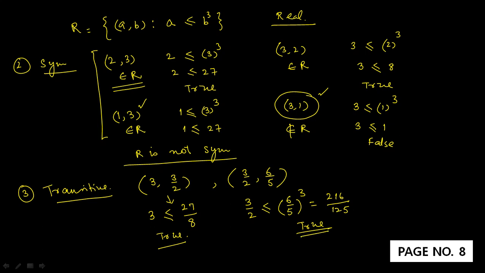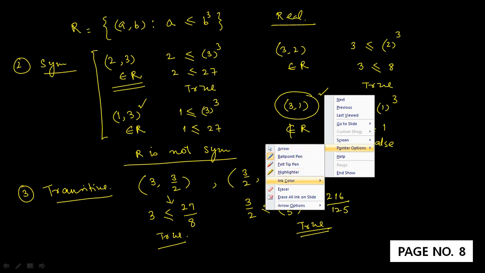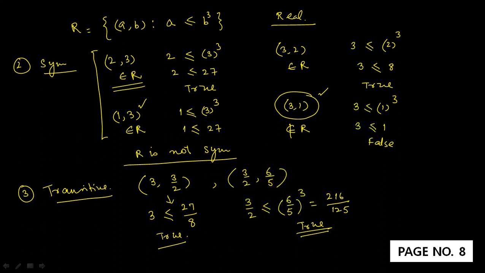Now what about the next content, that is the last value? This value 3 and 6 over 5. If I am considering this value, 3 less than equal to 216 divided by 125. 125 into 3, it's 375 less than equal to 216, but this one is false.